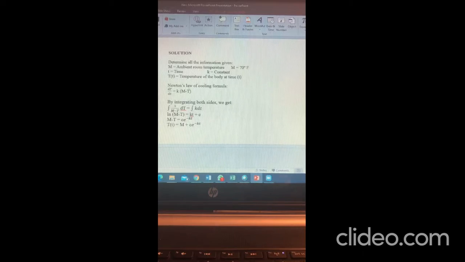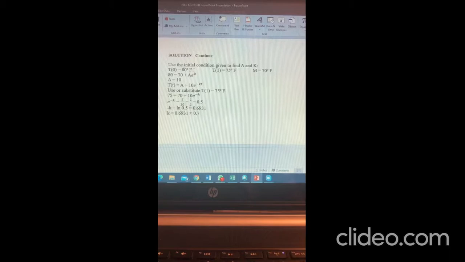Therefore, the Newton's law of cooling formula is dT/dt = k(M - T), and by integrating both sides, this is a separable equation, we get that T(t) = M + Ce^(-kt). And then we used the initial condition to find A and k, and A was 10 and k is 0.693, which is 0.7.